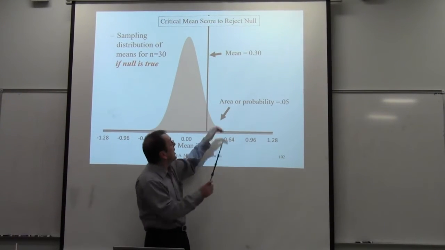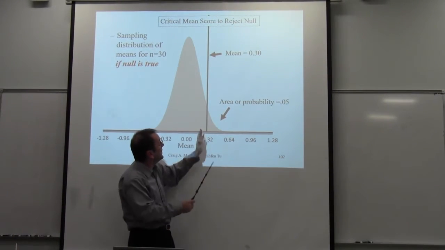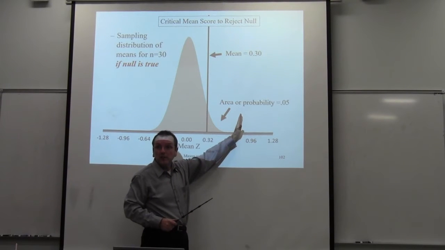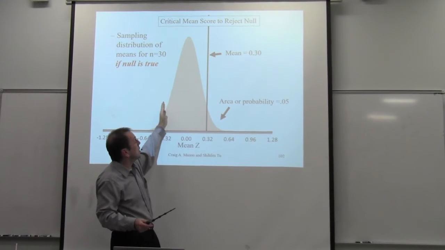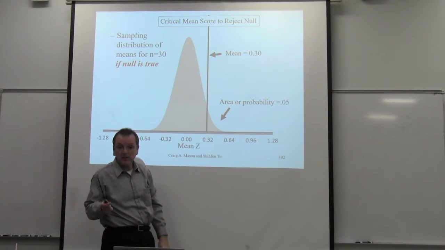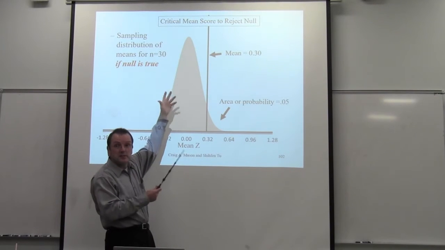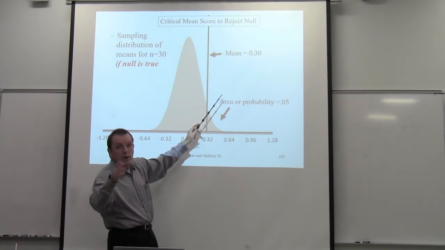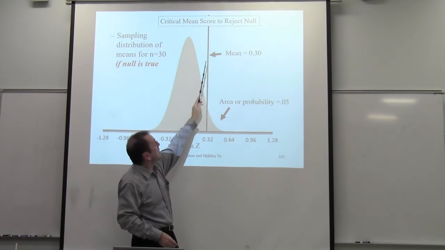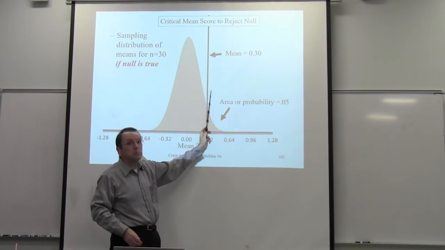Beyond this line in the sand, we reject the null because we'd only see it 5% of the time or less if the null is true. Below that score, we fail to reject the null because we'd see it too often if the null is true. We won't get into the math of how we figure it out, but it works out that this average is 0.3.